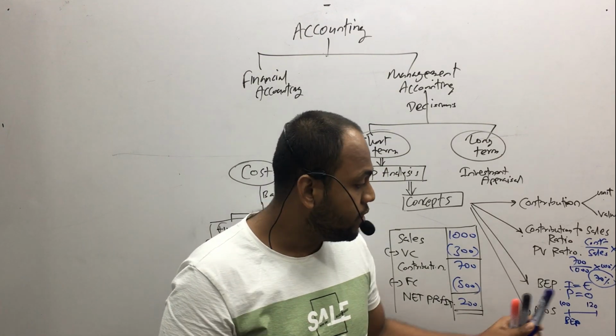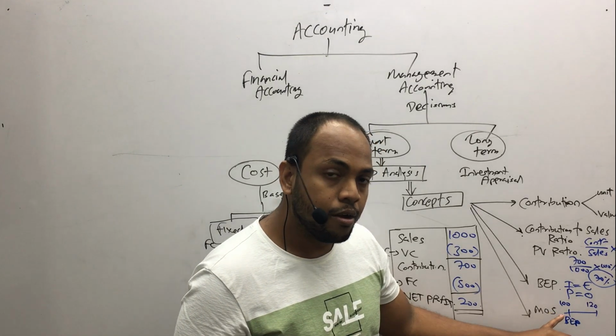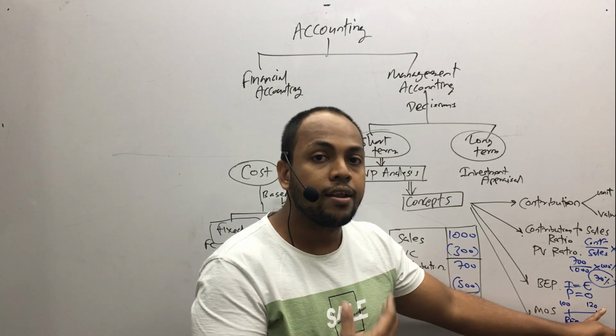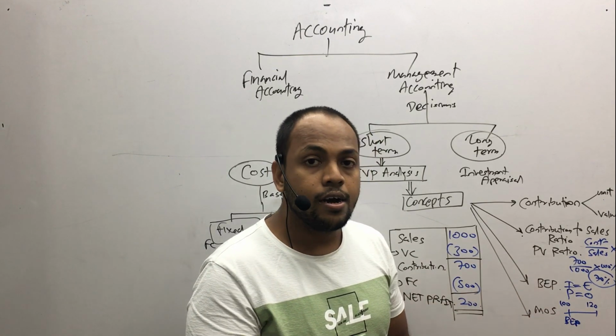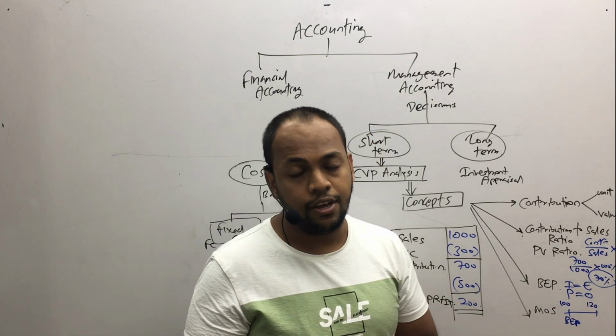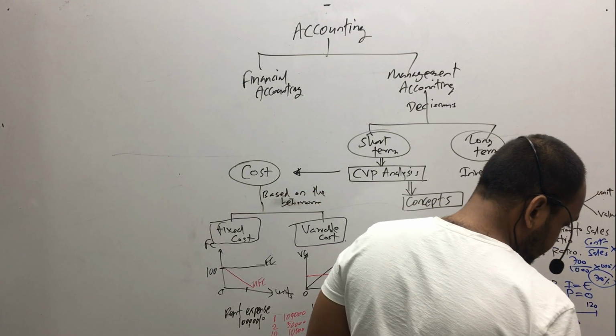You are safe with 20 units. You need a minimum of 100 units, but now you produce 120. So you have an extra safety of 20 units. We call it margin of safety.